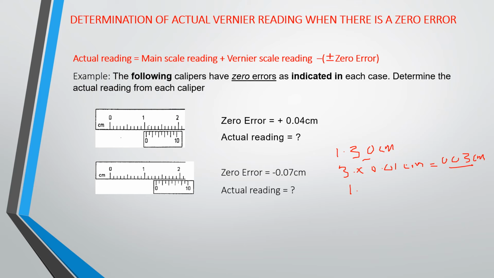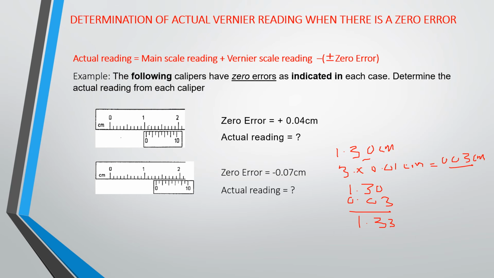1.33. So now what you do is that since your zero error is negative, it means it's going to be addition. Minus is plus.